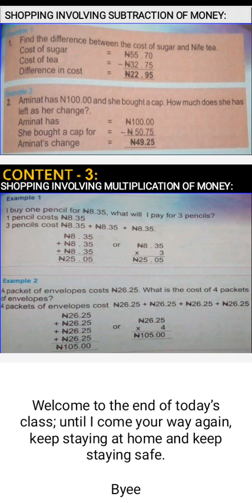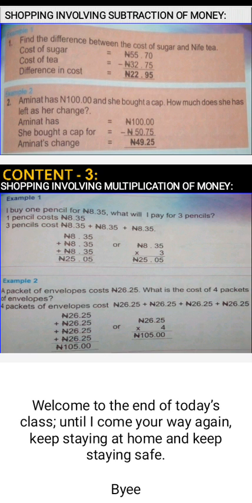But at the same time, if you multiply it by 3, you still get the same answer. That's what they are trying to explain to us now. So for shopping involving multiplication of money, you can add the item one after the other, but at the same time you can multiply based on the number of items, if it's just one item and you are buying many of that.